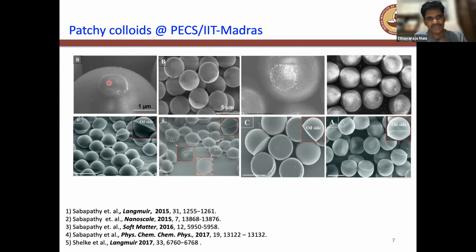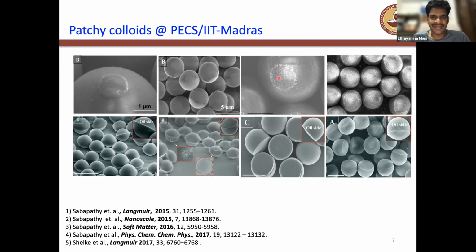The polymer patch can be made hydrophobic. So when you keep these particles in suspension, you can specifically induce the formation of dimers, because the patch will attract and stabilize the dimer-like structures. Or you can make multiple such patches on the equatorial plane. In this case, there are some 6 such patches, using some of the interfacial techniques that we have developed.